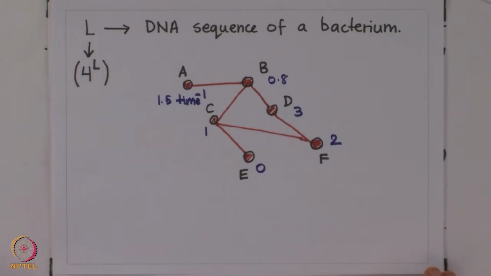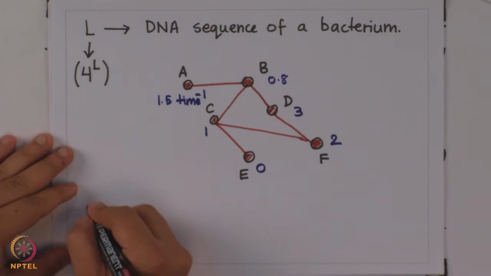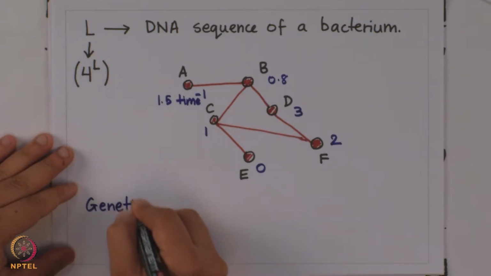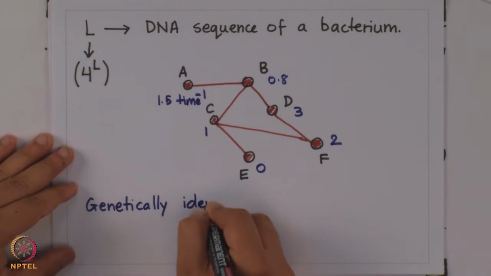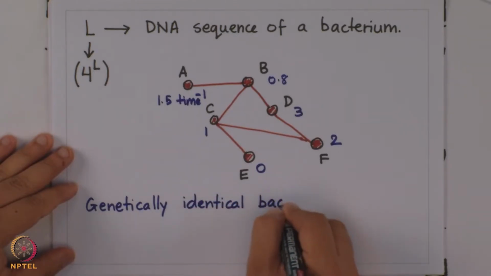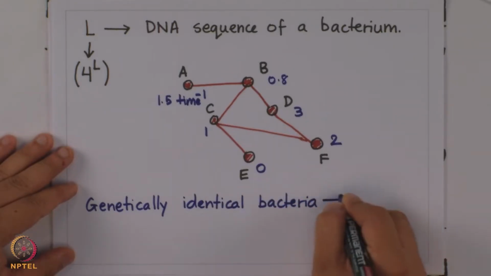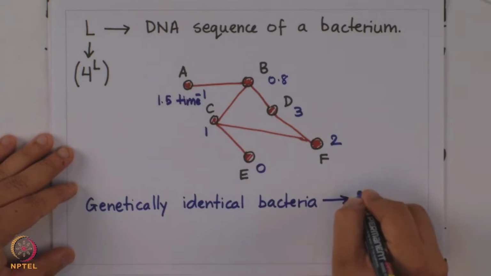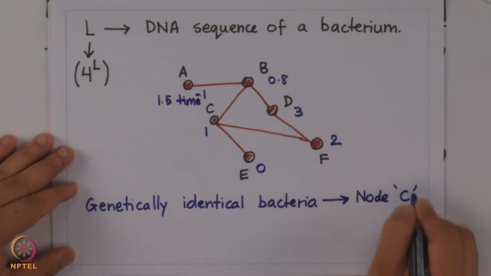Now, let us imagine that we start off our experiment with a genetically identical bacteria, and all bacteria have a sequence which corresponds to node C. Okay.